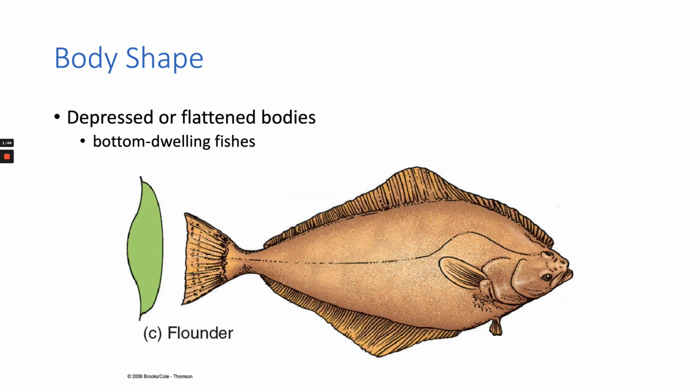Then we have another kind of flattened, where they're flattened to live on the bottom. And this is a flounder, and they have both of their eyes on the same side of their head. And that's so that when they lay in the sand, they don't get sand in their eyes.